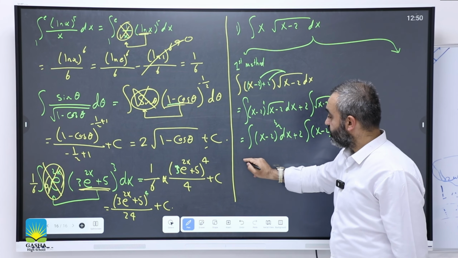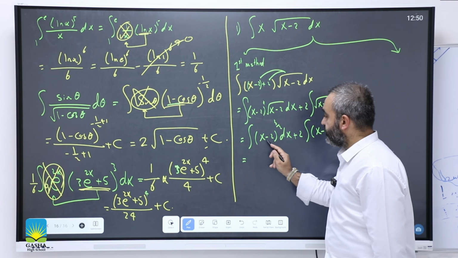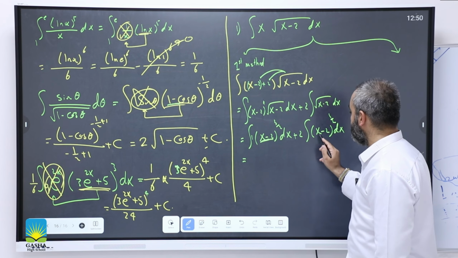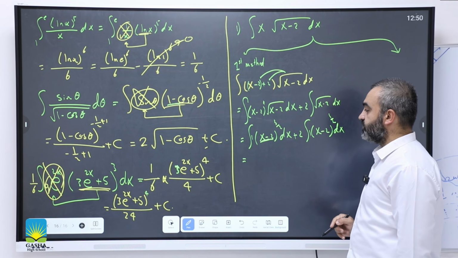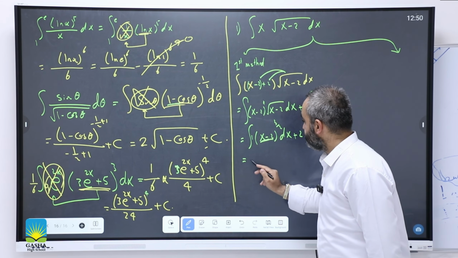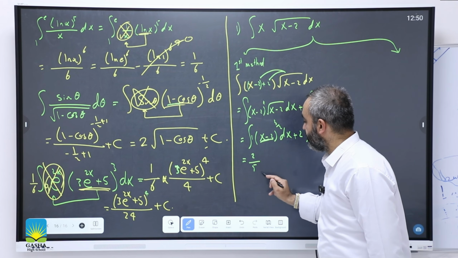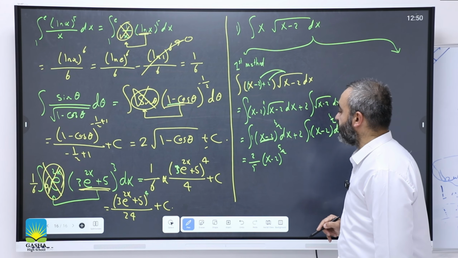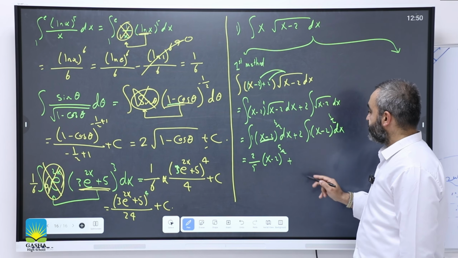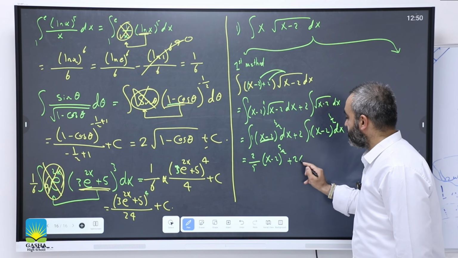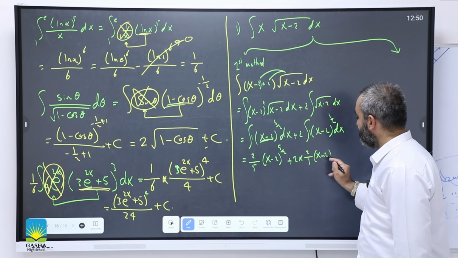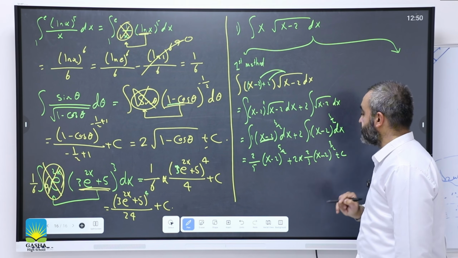So what is the derivative inside the bracket? It's 1, and the derivative is 1 also. So this is 2 over 5 (x minus 2) to the power 5 over 2 plus 2 times 2 over 3 (x minus 2) to the power 3 over 2 plus c.